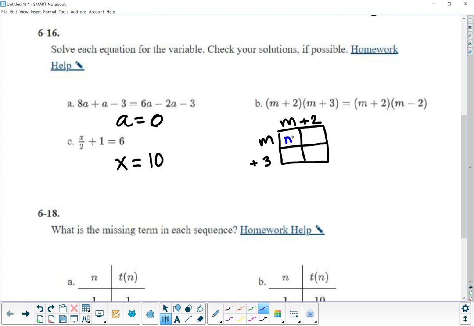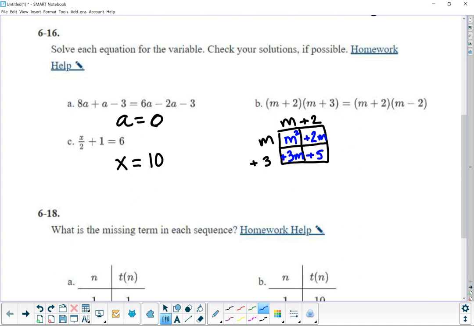All right, so what do I get? m times m is m squared. m times 2 is a positive 2m. m times positive 3 is a positive 3m. And positive 3 times positive 2 is a positive 6.